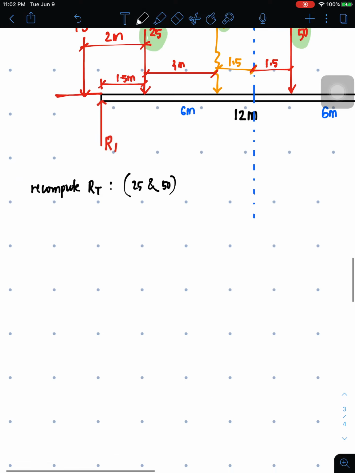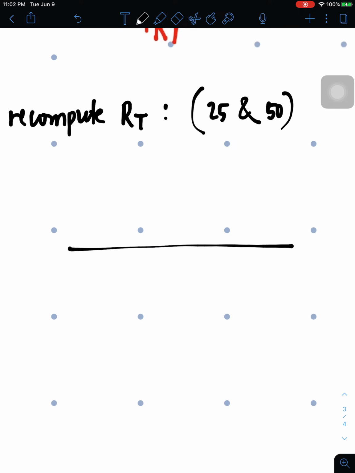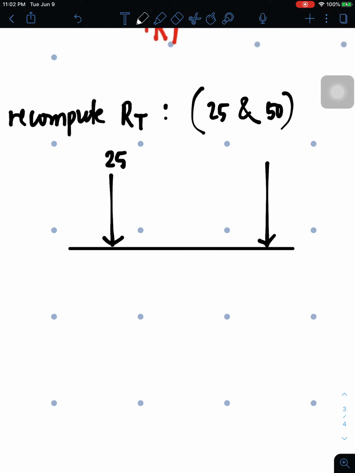So I'll just draw the whole figure, I mean the system kung unsay naa nagpatong. We only have 25 and 50. Then this is 6 meters. So moto siya, nagyahapon sila sa nagpatong.